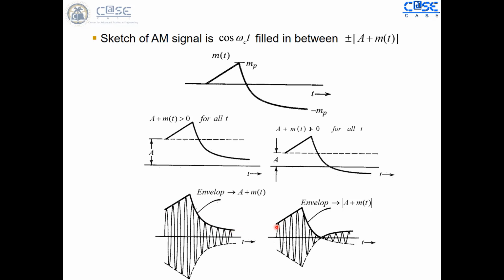But here if you do the same process, you would be recovering a slightly different envelope. And why is it different, and from what times is it different? It is different after the times when the message signal was negative, right? You can see here the envelope is inverted.